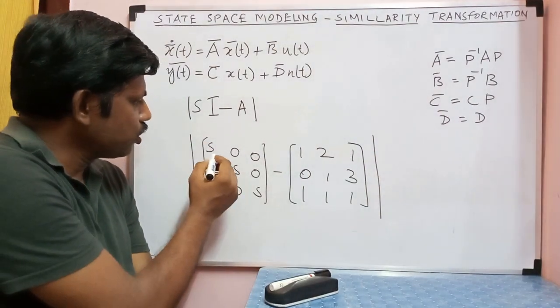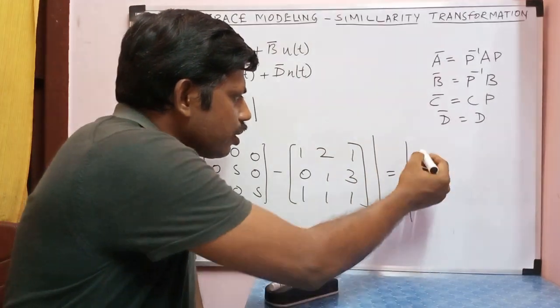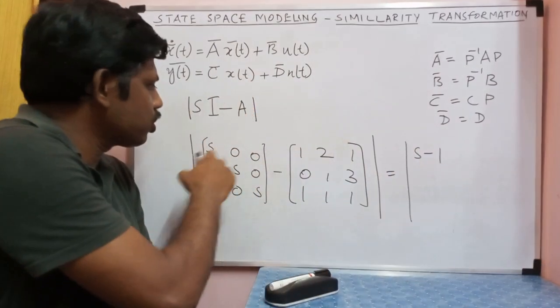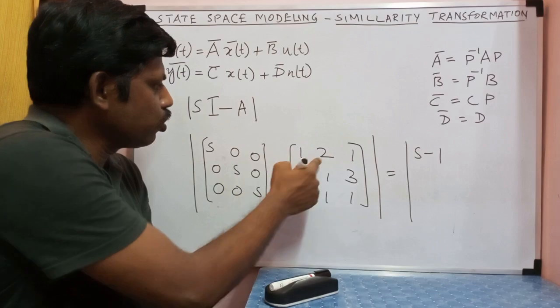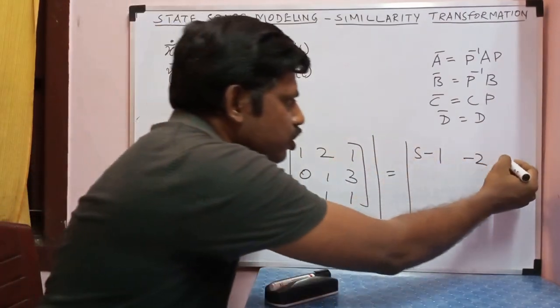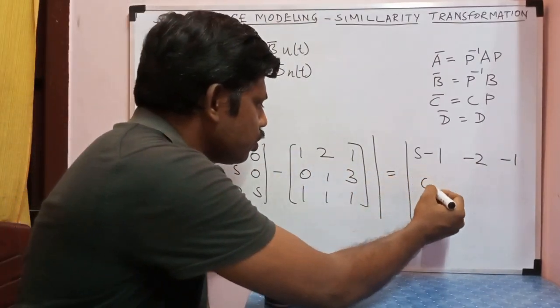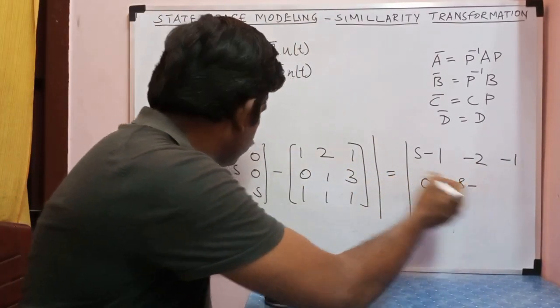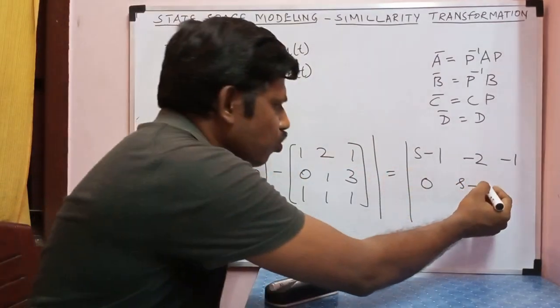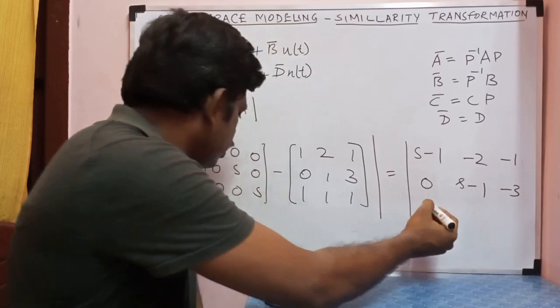So you will get S minus 1, 0 minus 2 is minus 2, 0 minus 1 is minus 1. Similarly, it is going to be 0, S minus 1, 0 minus 3 is minus 3.